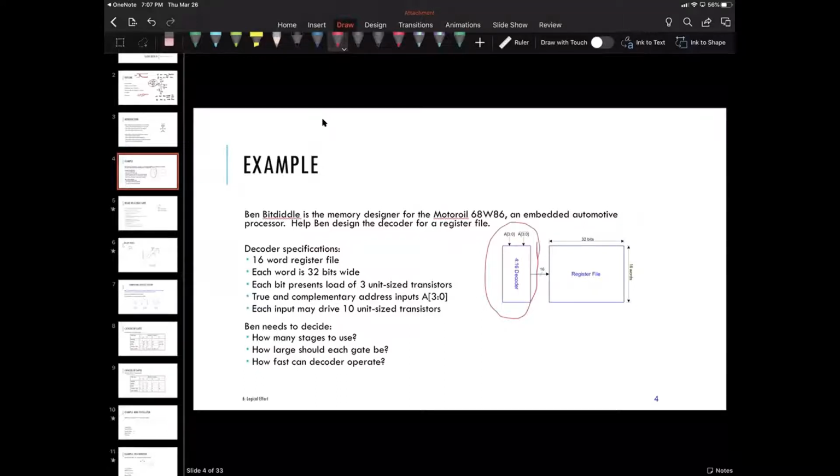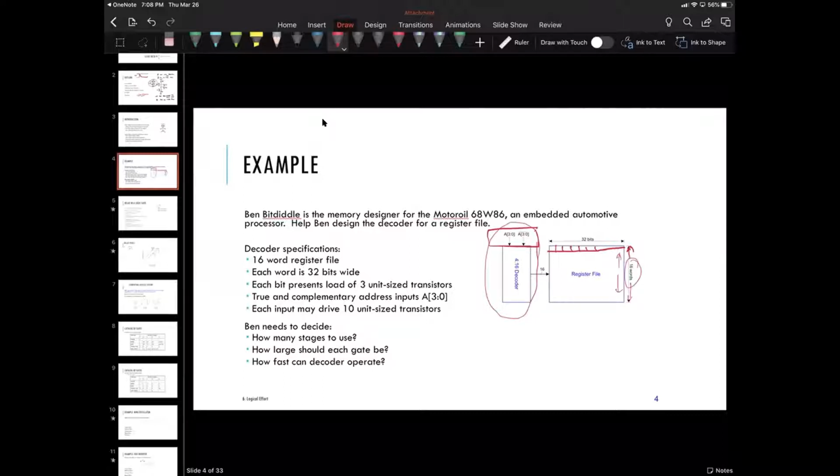So each register is 32 bits wide, and there's 16 of these. And so we have an input address that's 4 bits wide, and we have 16 words in registers, so we need a decoder to select depending on what's here.